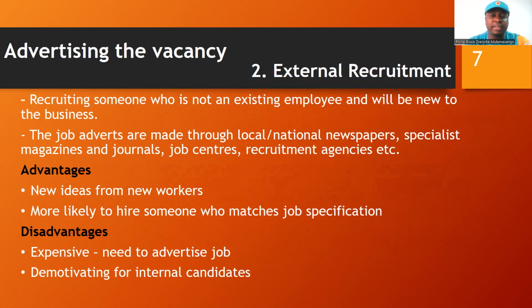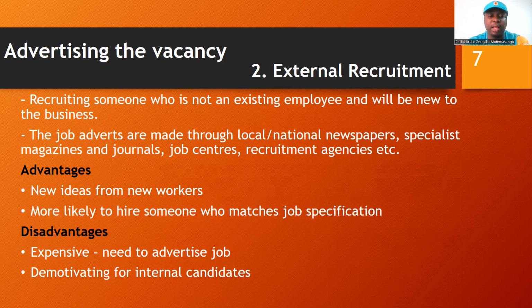And what are the benefits of us conducting external recruitment? In this case, you are likely to attract new ideas from new workers. Those ideas now can be of benefit to our performance as a business. Innovativeness can also increase, creativity increase, and the business image may be improved.